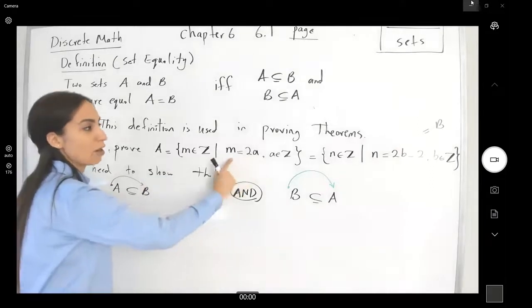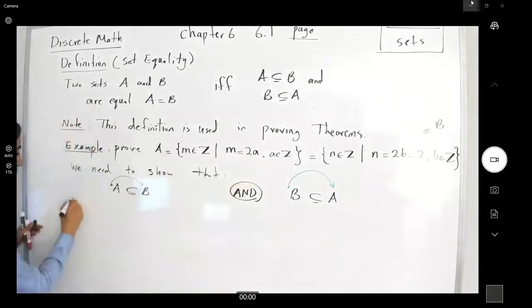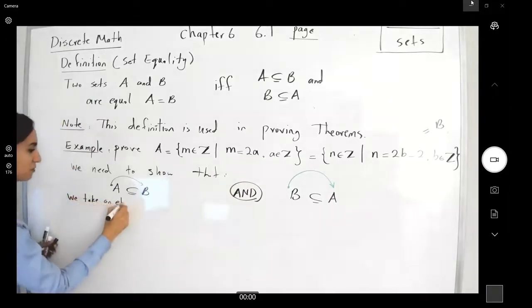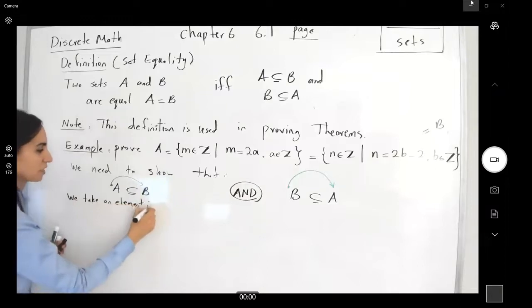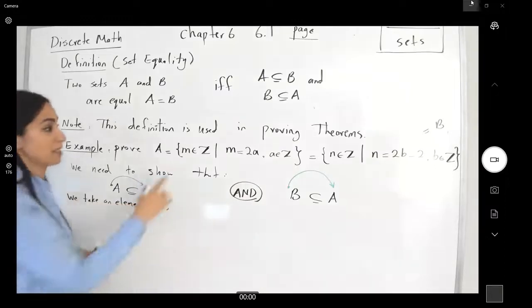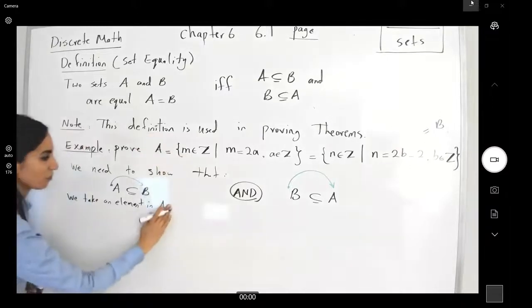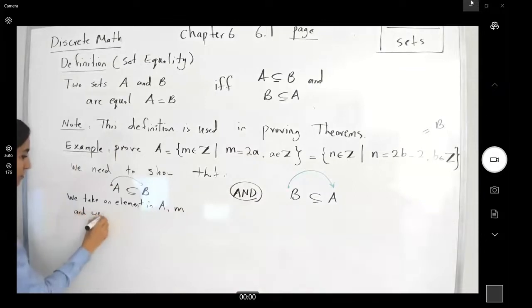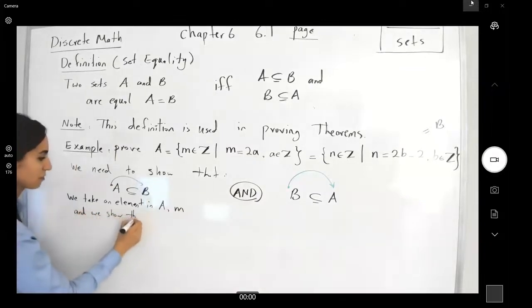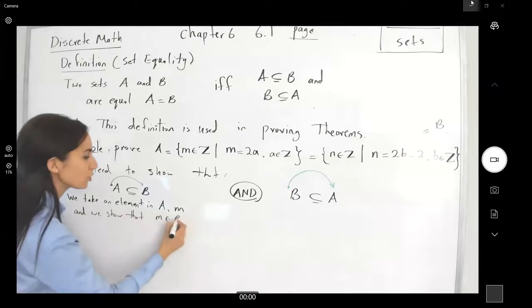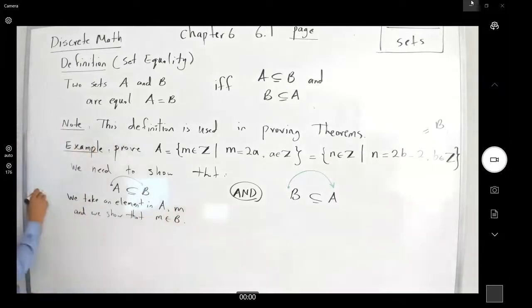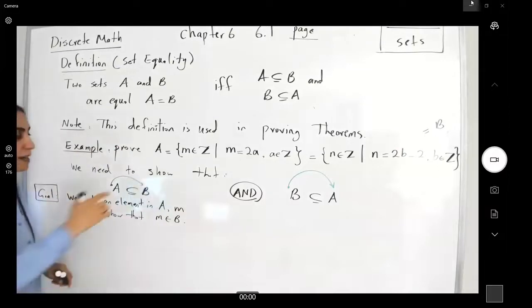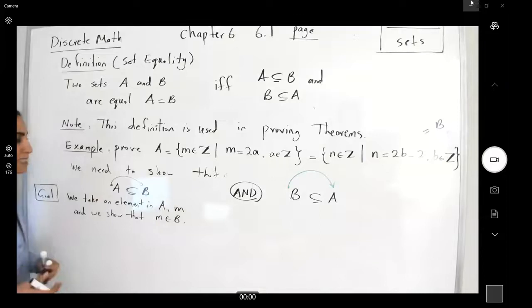The elements in A are M. So we take an element in A like M, and we show that M belongs to B. This is our goal. We take a random element in A and we show that that element lands in B.